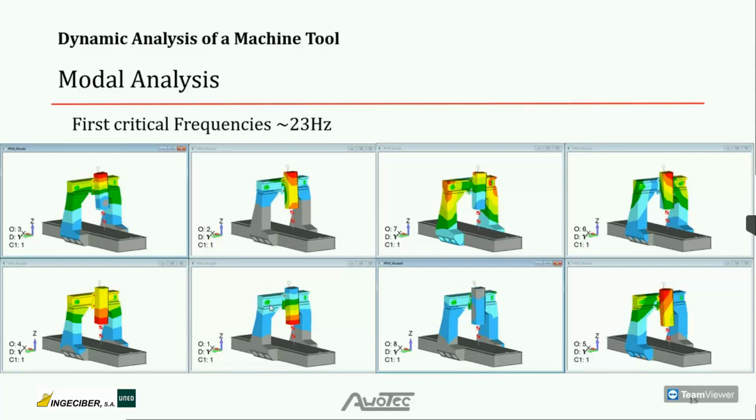And the eigenvectors are mainly related to the motion of the milling head together with the vertical axis, and the weakest part of the structure are the linear guides of the cross slider table, which is the connection between the vertical axis and the horizontal y-axis, which is the transverse axis.